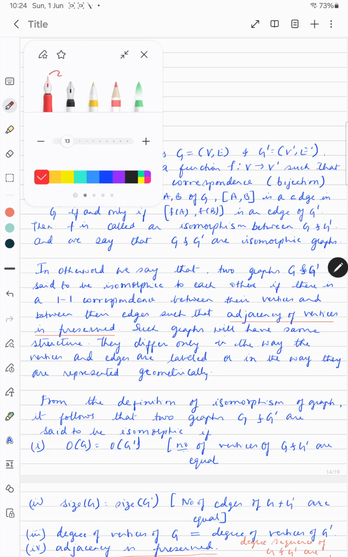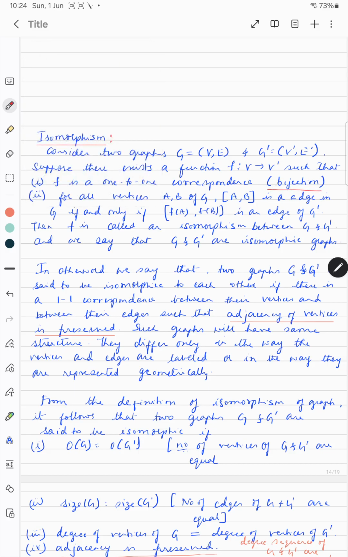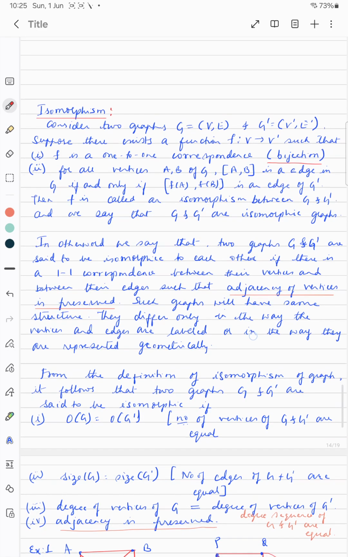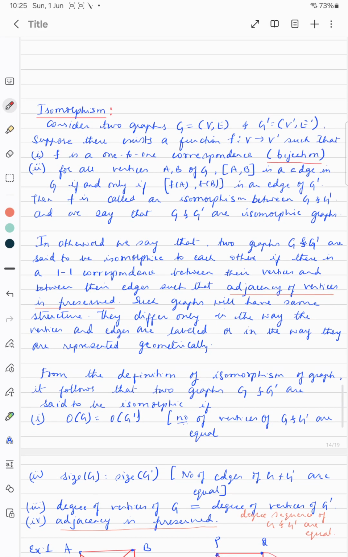F is a bijection, and for all the vertices A, B belonging to the graph G, AB is an edge of G if and only if f of A and f of B is an edge of G dash. Then f is called isomorphism between G and G dash, and G and G dash are isomorphic graphs.